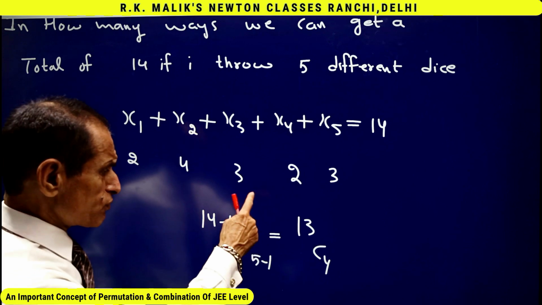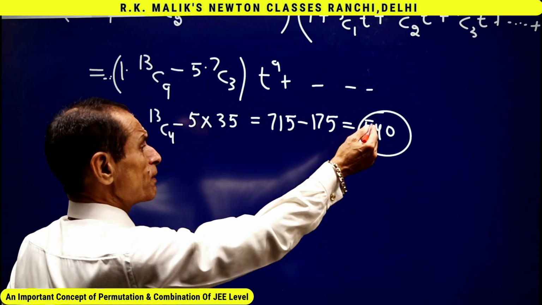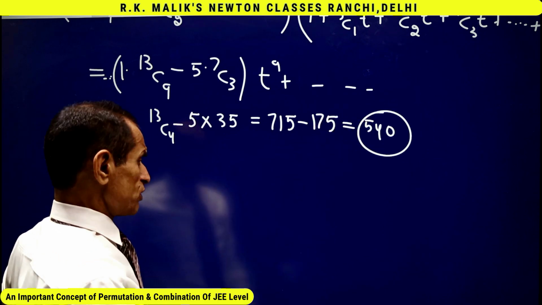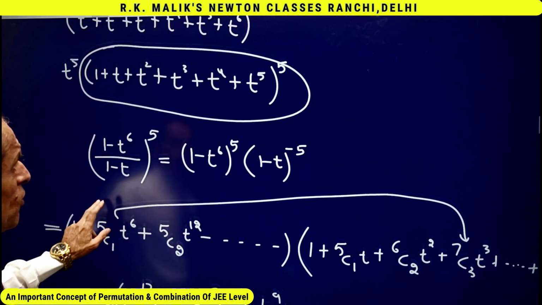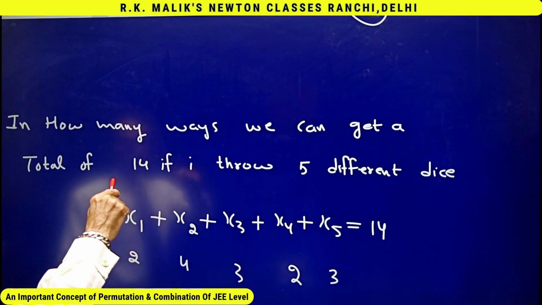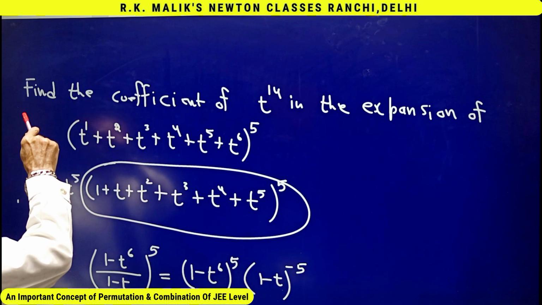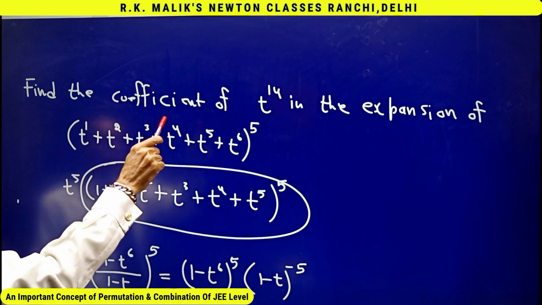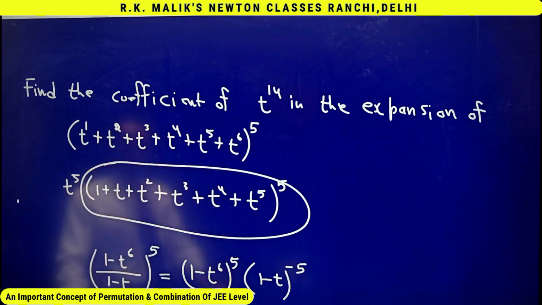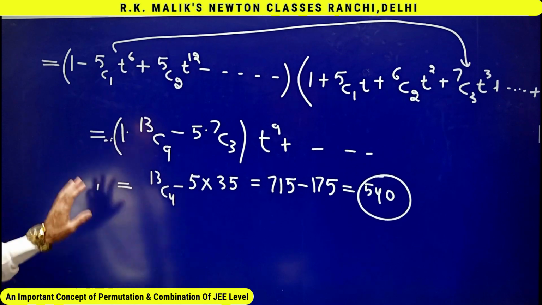But if you calculate the value of 13c4, you will find that it is more than 540. Recall that I had done the question of in how many ways you can get a total of 14 with 5 different dice, by writing the expression and finding the coefficient of t to the power 14 in its expansion, and I had got the answer 540.